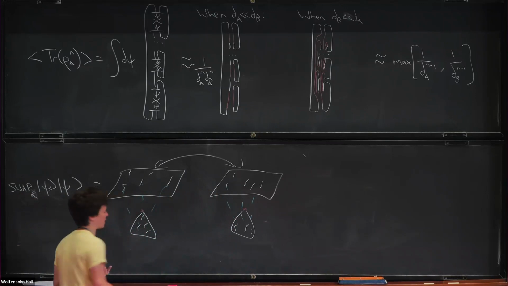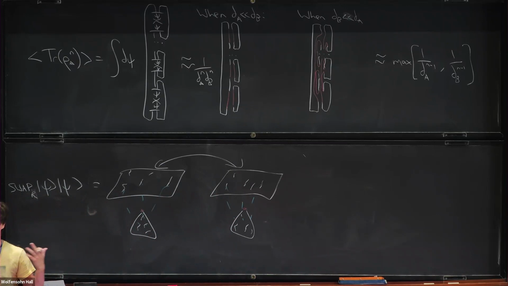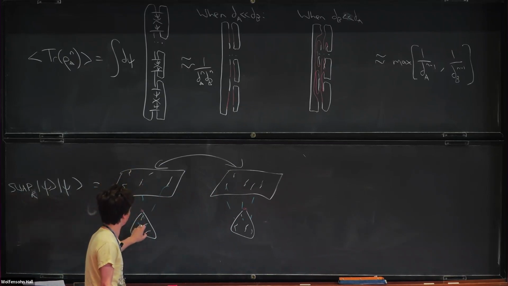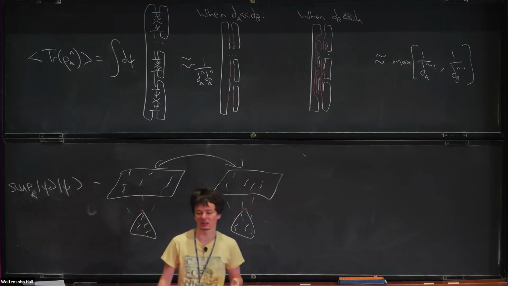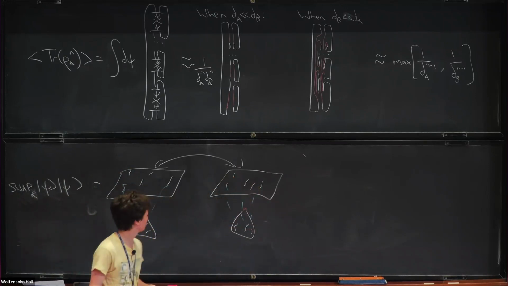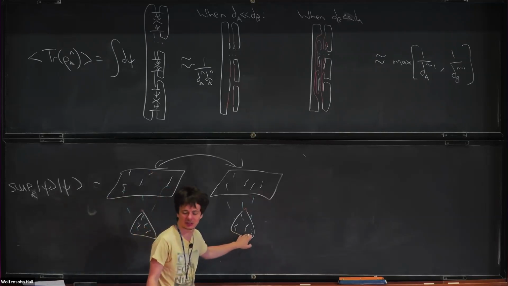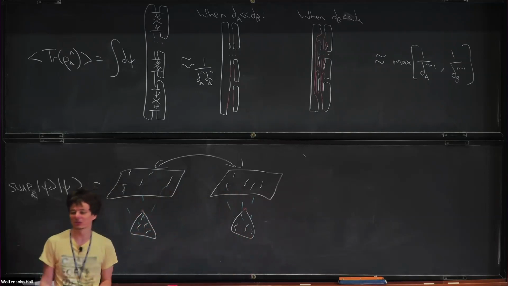But we're not doing quantum field theory, we're doing quantum gravity. And in quantum gravity, coordinates are not real. All that's real is the space-time geometry. So before doing the swap, we have a load of Hawking radiation entangled with the interior of a black hole, and a load of Hawking radiation entangled with the interior of a black hole. After doing the swap, we have a load of Hawking radiation over here entangled with the interior of a black hole, and a load of Hawking radiation entangled with the relic of a black hole.